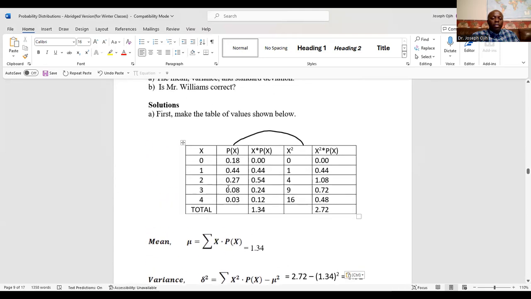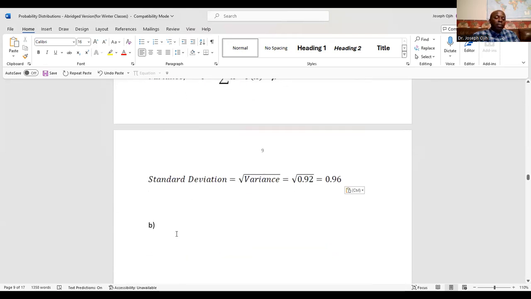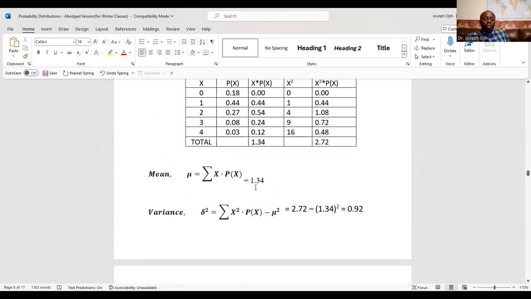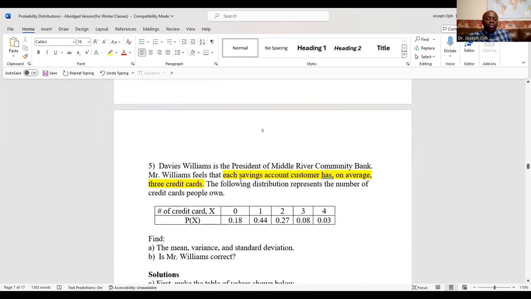So the second question says, is Mr. Williams correct? No, Mr. Williams is not correct. Mr. Williams is incorrect, because the average is 1.34, which means one credit card.